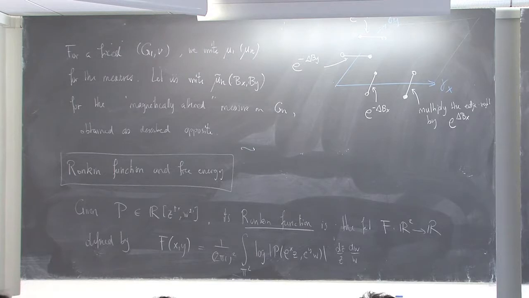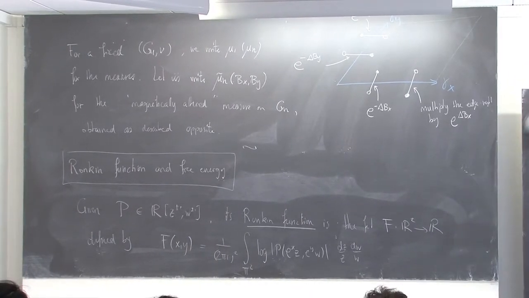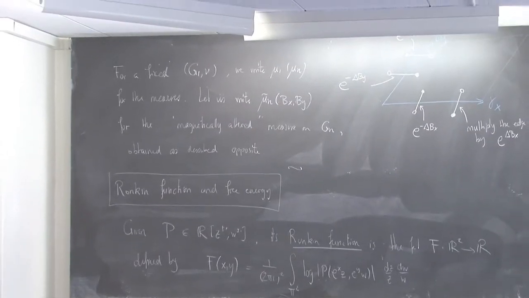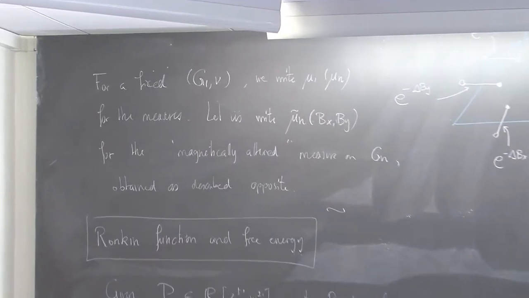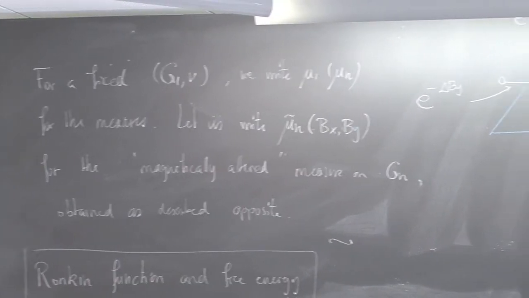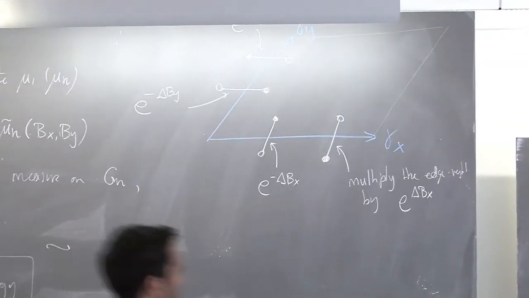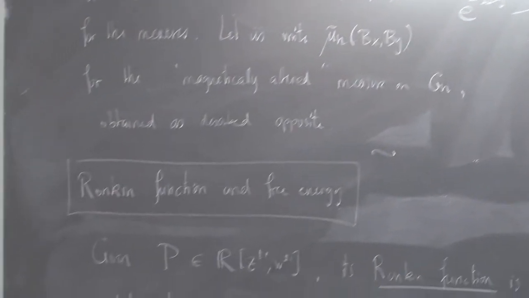So of course now it comes a little bit as falling from the sky, but it is an object that is natural in the setting of real algebraic geometry.